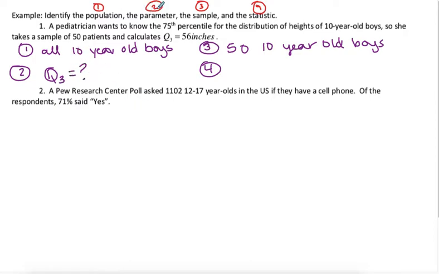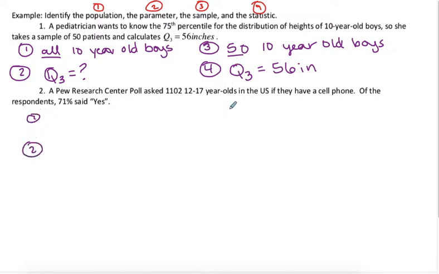We don't actually know the parameter because we aren't able to access the heights of all 10-year-old boys. So when we had 50 10-year-old boys, we could estimate the quartile 3, the 75th percentile, to be 56 inches. So this would be our best guess about all 10-year-old boys, but it's the data that we have sampled from those 50 10-year-old boys. So again, I have labeled them up here so that I have corresponding them here.